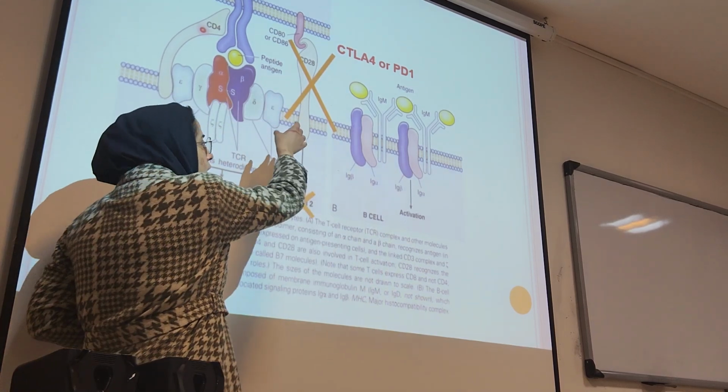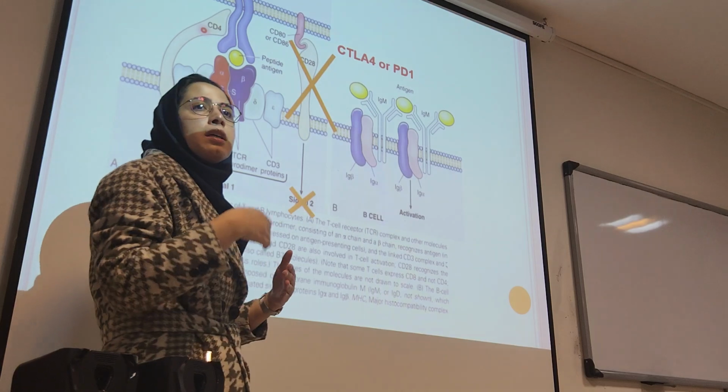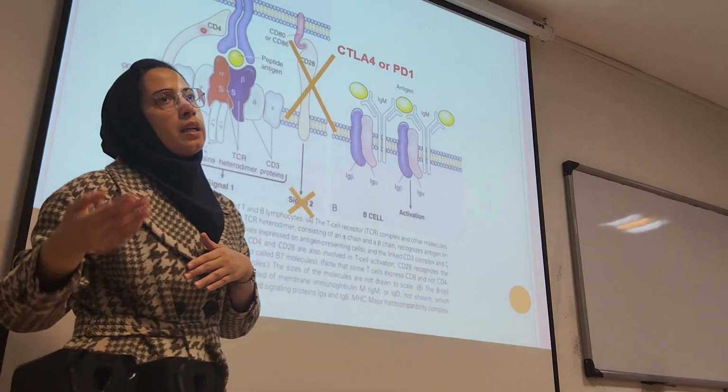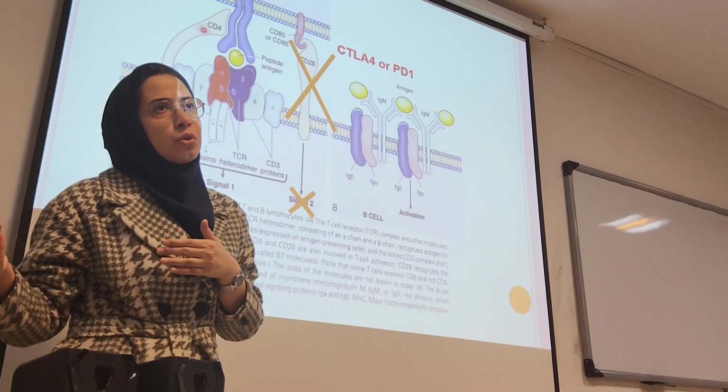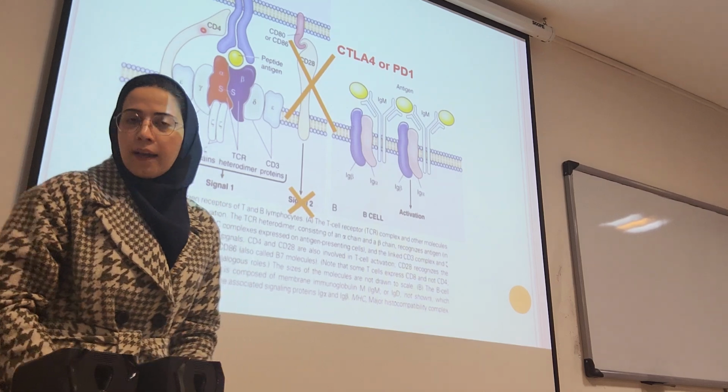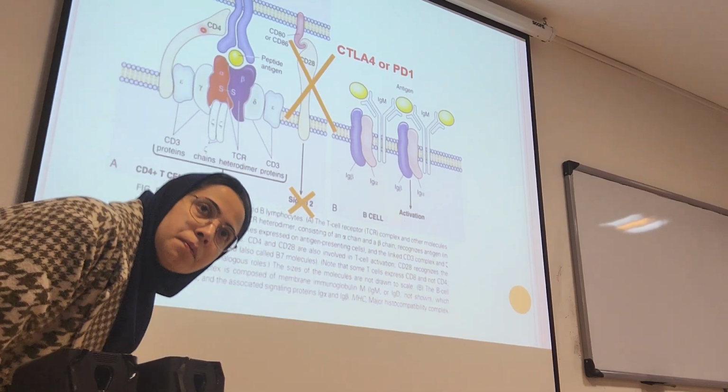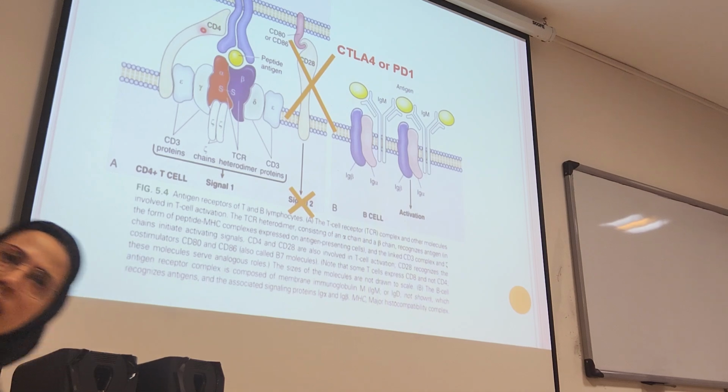So CD28 is normal, CTLA4 or PD1 is inhibitory.